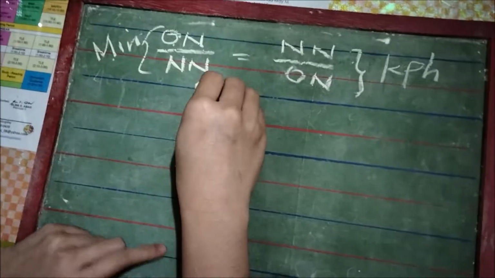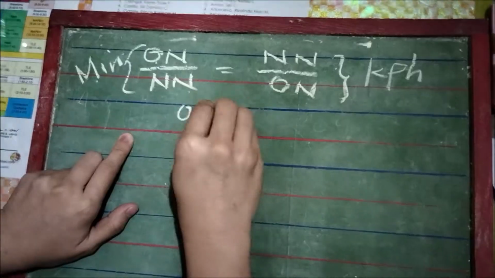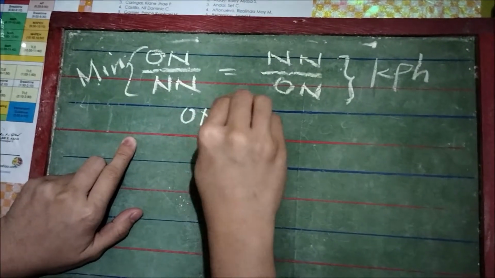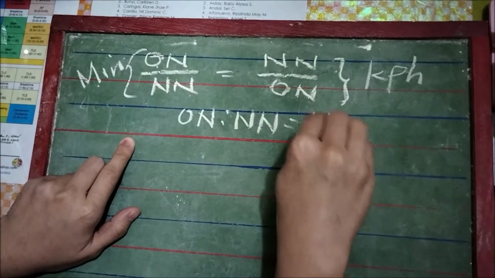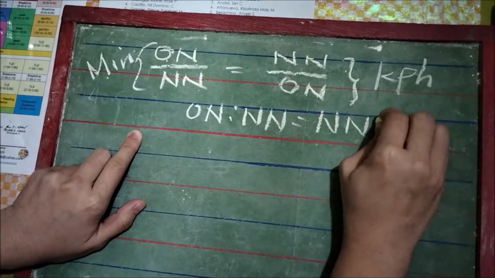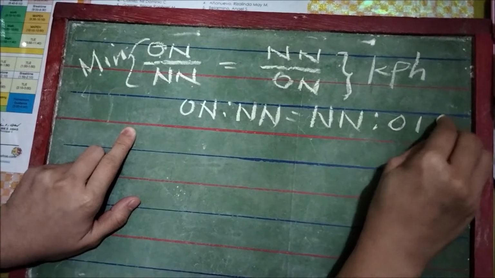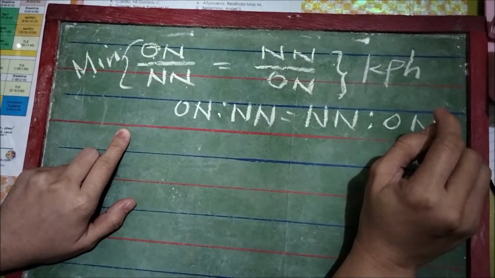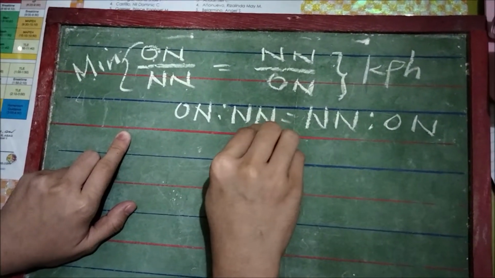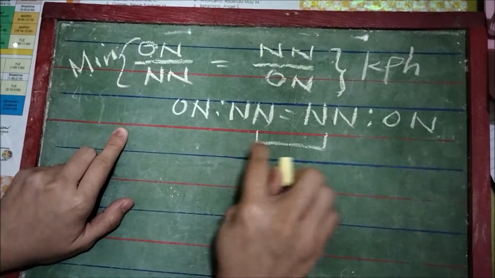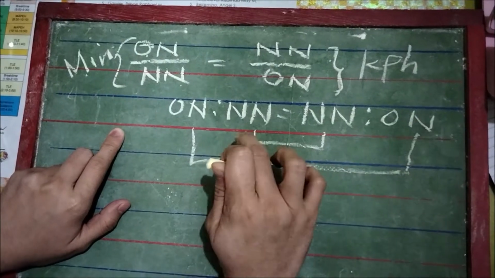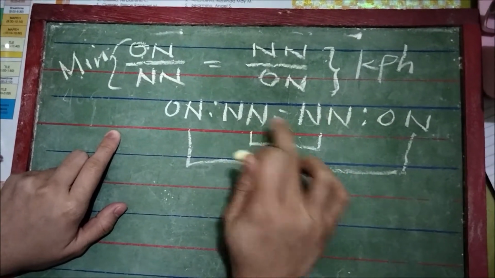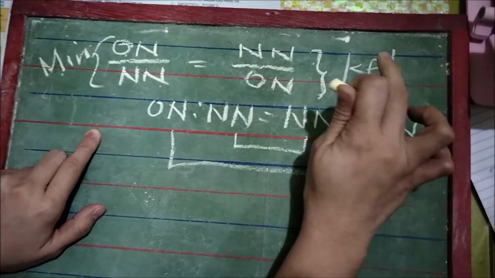So if you will also use the ratio form, we have original number is to new number equals new number is to original number. Always make sure that the partner will be the new number and then the partner here will be the original number. So if this will be new minutes, this will be new kilometer per hour.